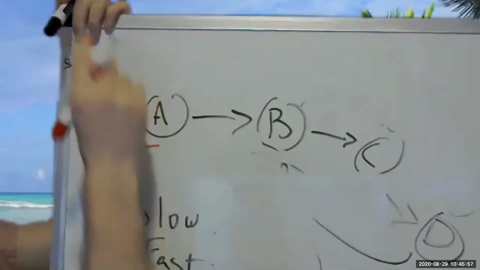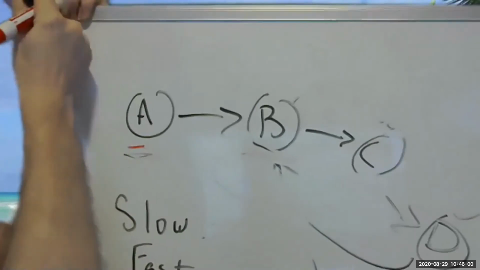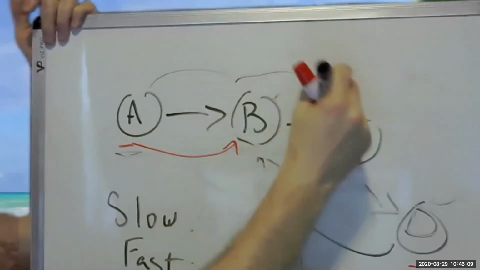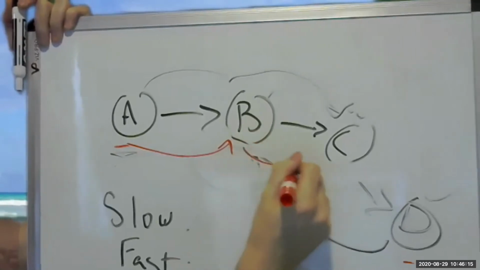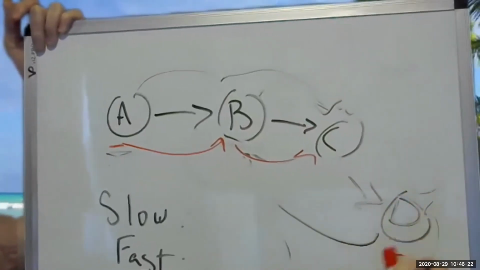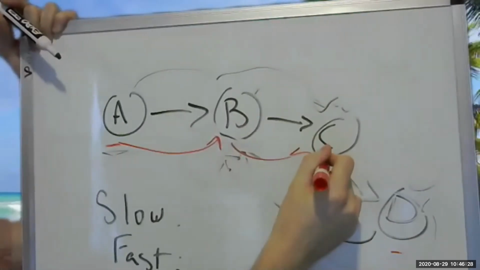Okay, so we have our A and we have our B. So A goes to B. And this one, fast, goes from B to C. So it jumps to C. Then slow goes from B to C. The fast goes from C to D to B. So right now fast is on B. Slow goes from C to D. And fast from B goes from C to D. And now they're both in the same spot. Okay, I got it now.